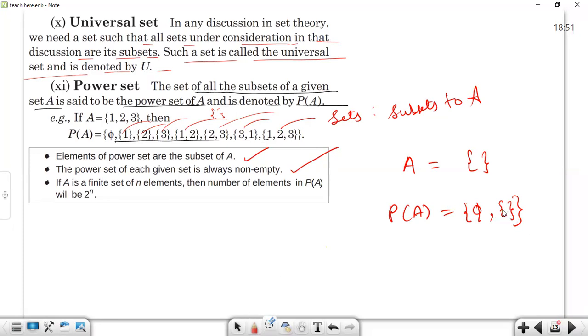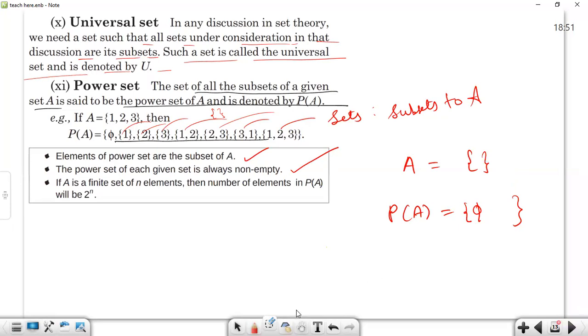There's a mistake which I'm making. Phi is not an element here in this particular set, so we cannot take it as this.